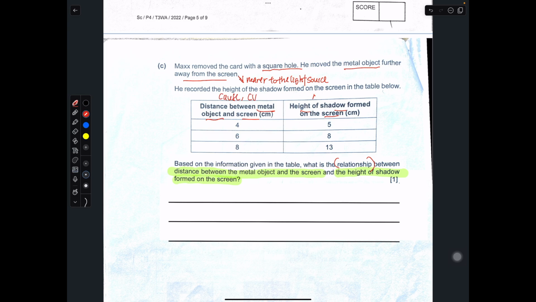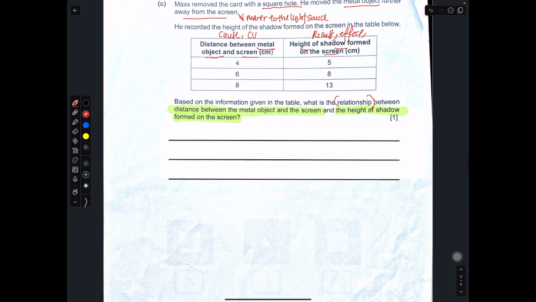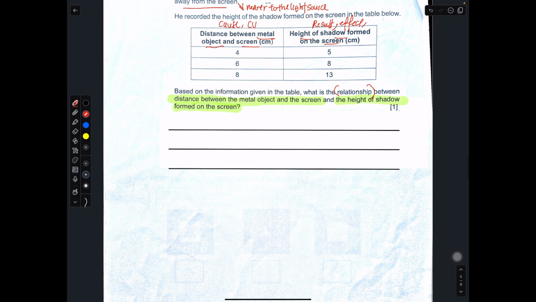The height is the result, the effect of moving the object further away, and this is your measured variable. These are terms we use interchangeably in a science experiment.